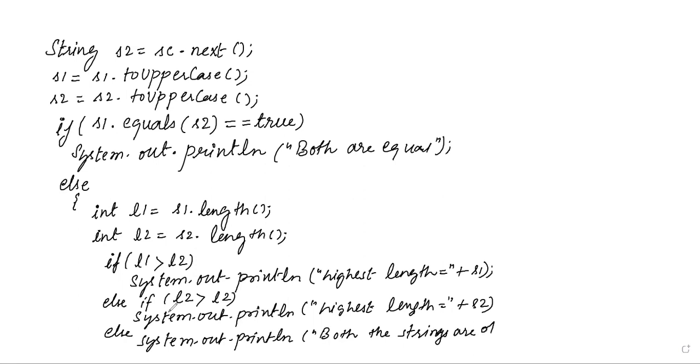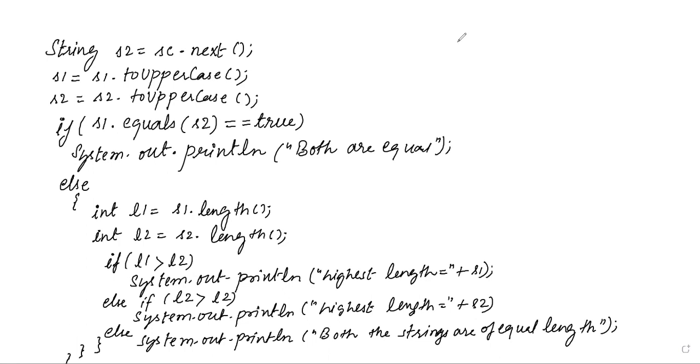Close the double quotes and parenthesis, semicolon. So in the else block, you have to carry this part out and close the else block. After closing the else block, your function must be closed and your class must be closed. So this is the program, students, which I had solved over here.